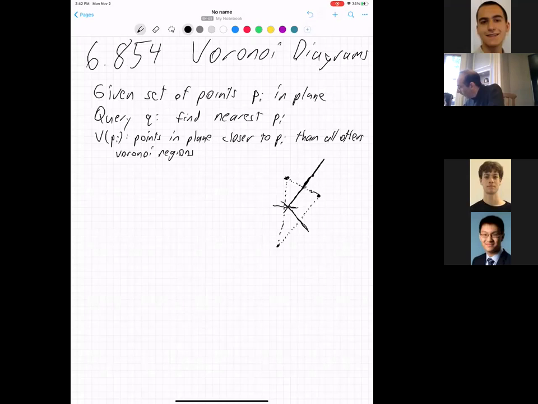Okay. Now, we seem to have a problem because I've drawn these 3 perpendicular bisectors, and that creates 6 regions. But there's only actually 3 points. So how can I have 6 regions when there are 3 points?